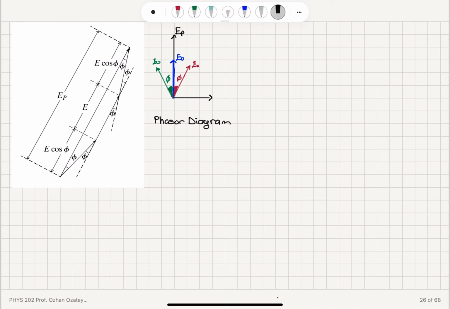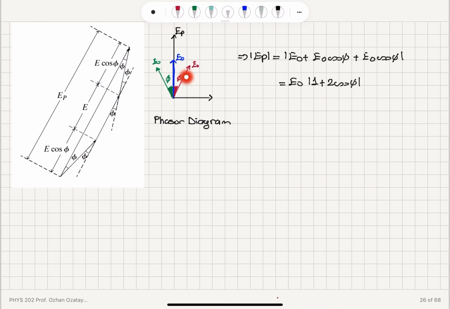So the electric field magnitude at point P is basically simply E0 plus E0 cosine phi plus E0 cosine phi. So with that, we have E0 times (1 plus 2 cosine phi) as the magnitude of the electric field vector using the phasor analysis.